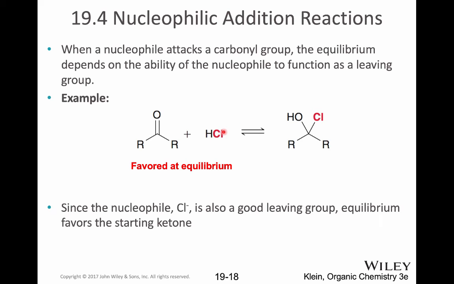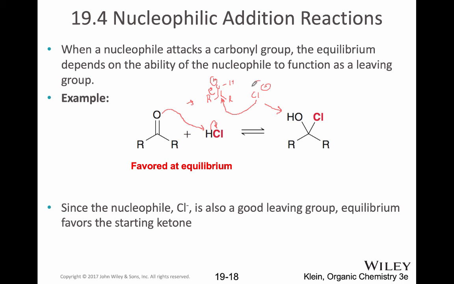So if I take an aldehyde or ketone here, and I react it with HCl, my carbonyl is going to protonate, kicking out Cl minus. I'm going to make my oxonium here, and then Cl minus is going to come in and attack that positively charged intermediate to make this molecule here.